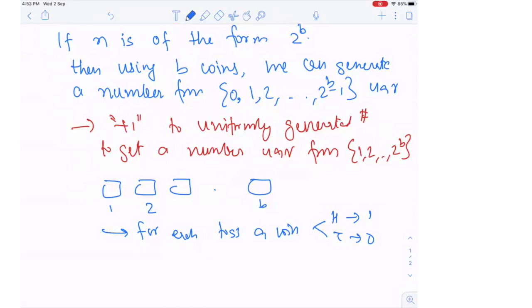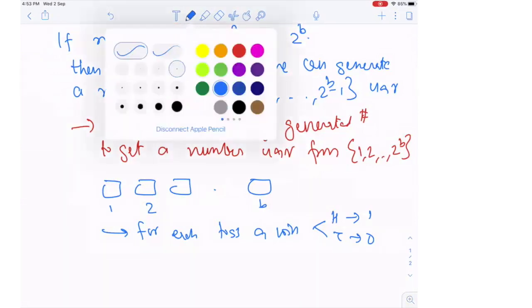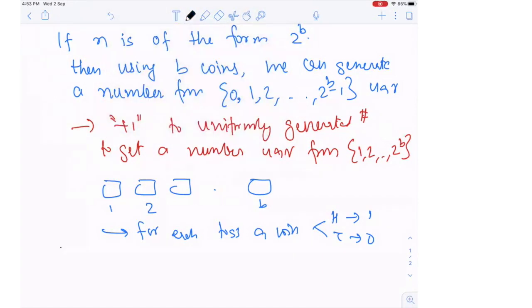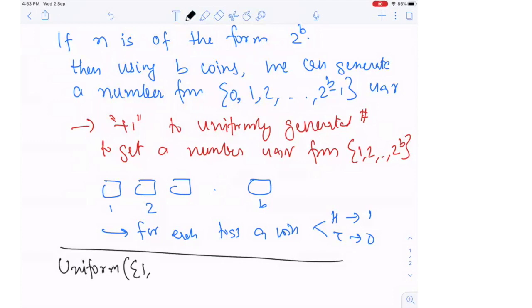Okay. So suppose, let's call this method of generation uniform 0 to 2 power b minus 1.